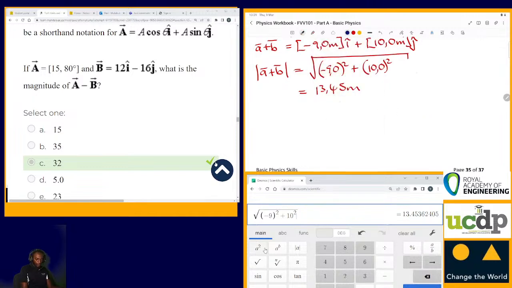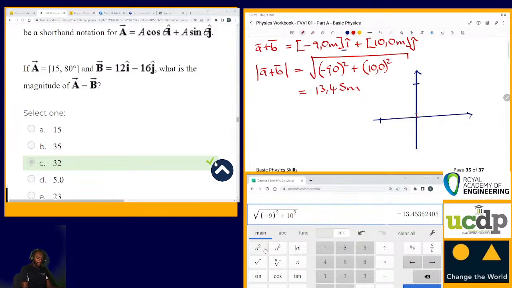So if we were to sketch to see in which quadrant we are going to be, we have to check our x or our I component is negative, so we should be somewhere here, but our y is positive, so we should be in the second quadrant.